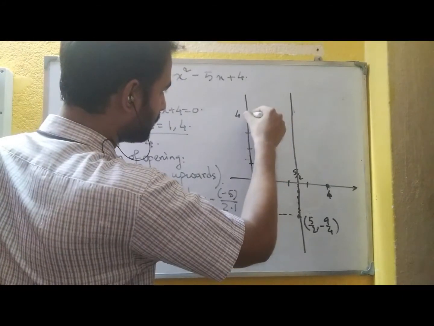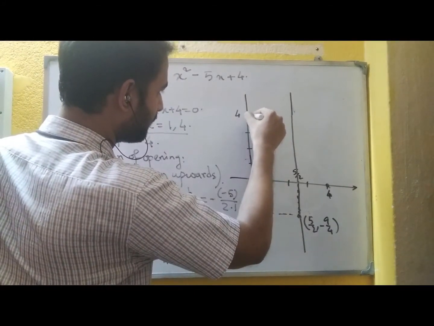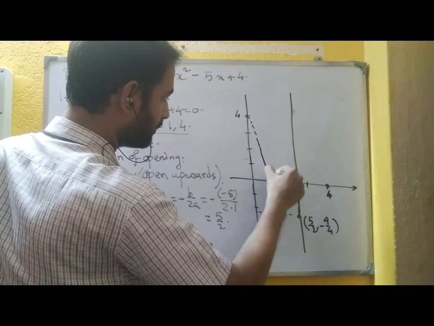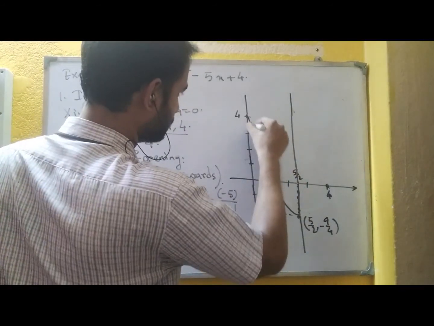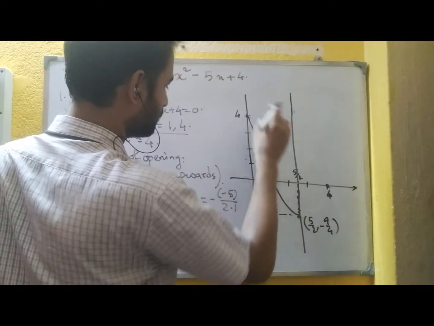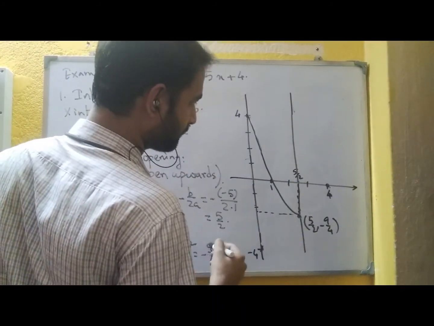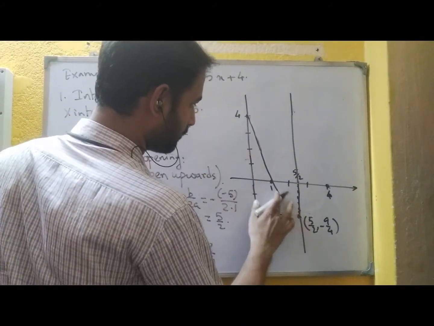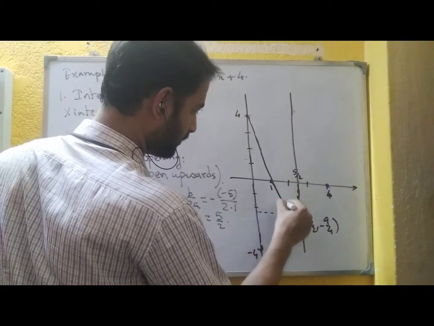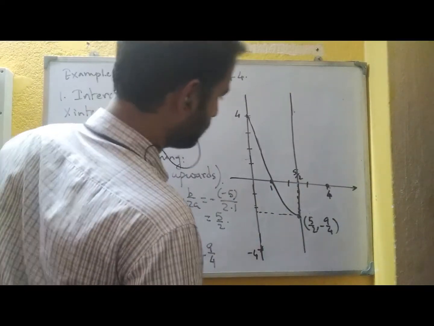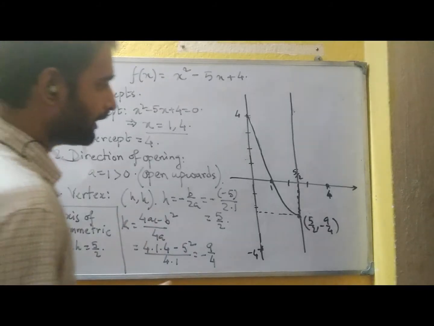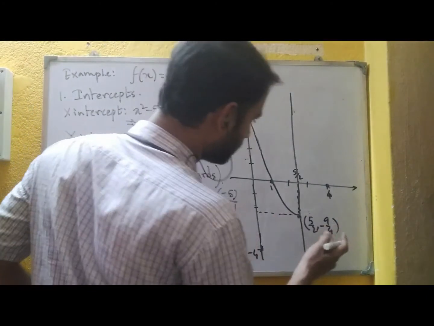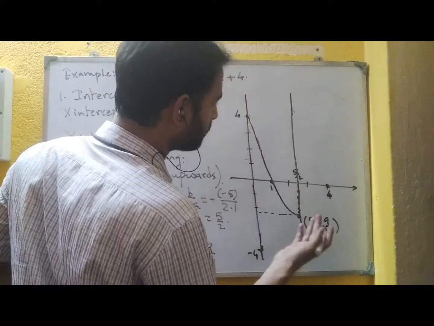Then first we draw the left side of the axis of symmetry. So it will look like this. So this is the left hand side part of the axis of symmetry, and the right hand side will be exactly the mirror image of this.